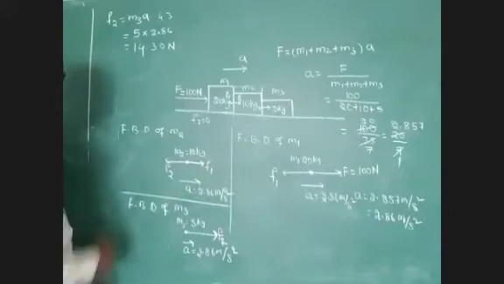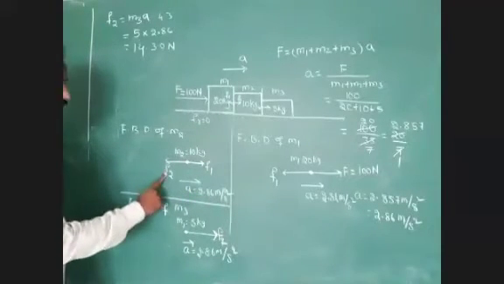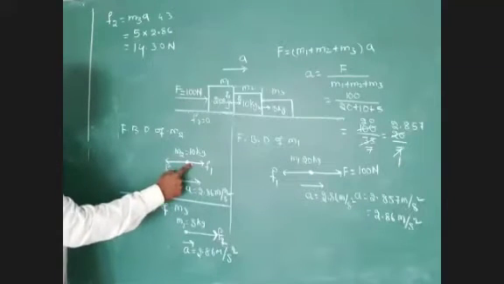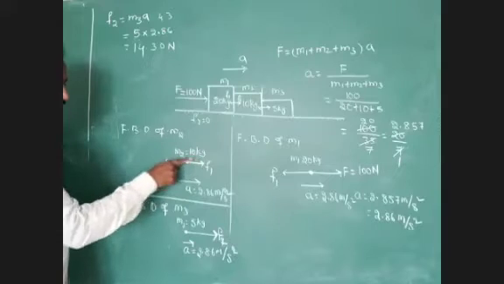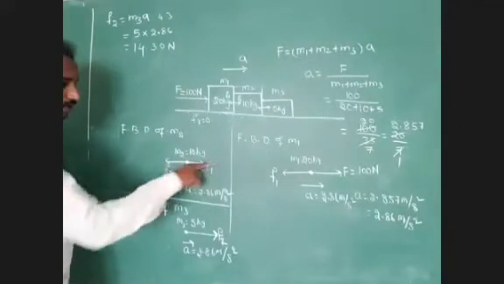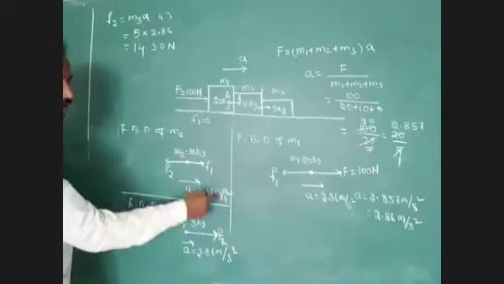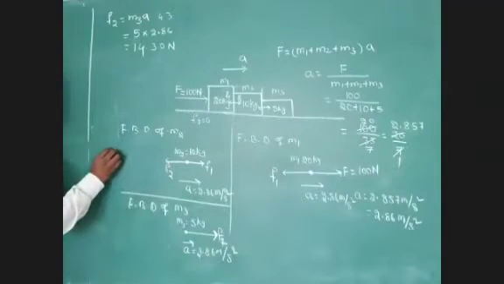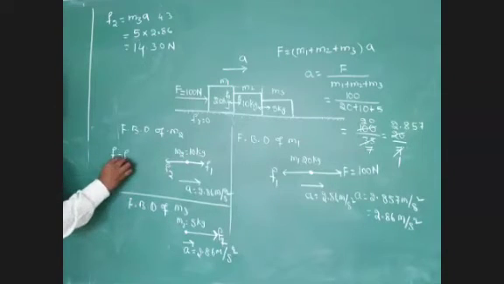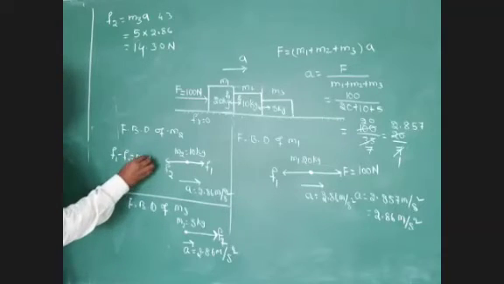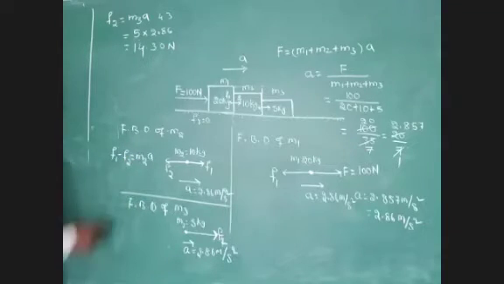Here F1 is more than F2. Because of that reason, the M2 block is accelerating along the larger force direction. Here acceleration equal to 2.86 meter per second square. So we have to represent the resultant force F1 minus F2, that is equal to mass into acceleration, M2 into acceleration. Substitute in this formula, then we can get the answer.